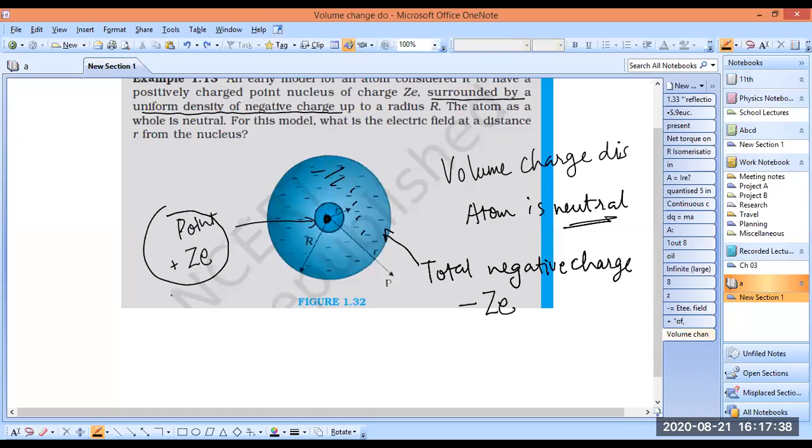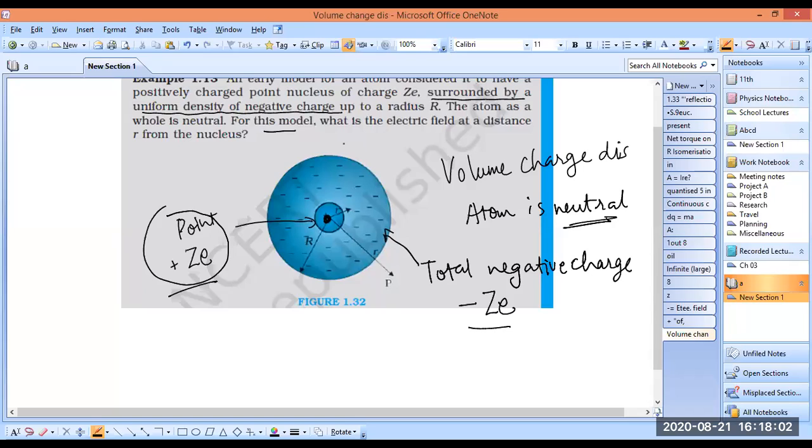Plus Ze positive, minus Ze negative, so total charge is 0. So the atom is neutral. Now for this model, I think you all know we can't see atoms, so people initially tried to make different kinds of models for atoms: Rutherford model, plum pudding model, Thomson's model. I'm sure you have heard about them.